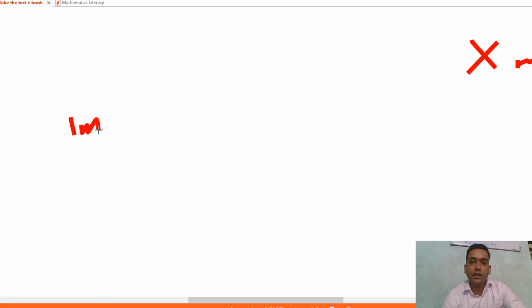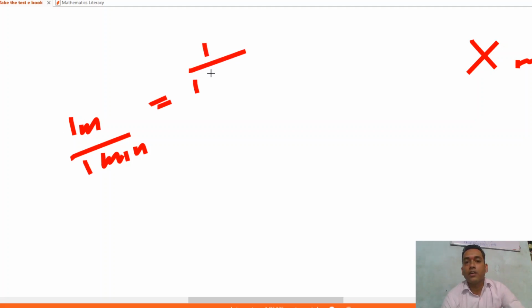So let us say we have 1 meter in 1 minute. This is our speed, and we want to convert it into kilometer per hour. In 1 meter we have 1 by 1000 kilometers. So 1 kilometer is equal to 1000 meter and 1 meter is equal to 1 by 1000 kilometer.